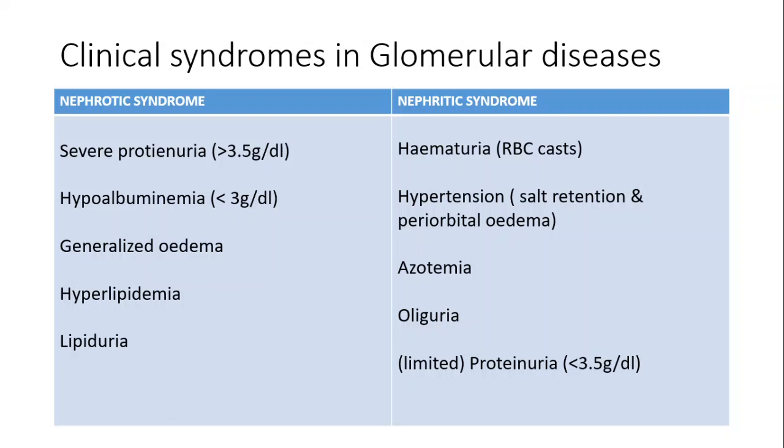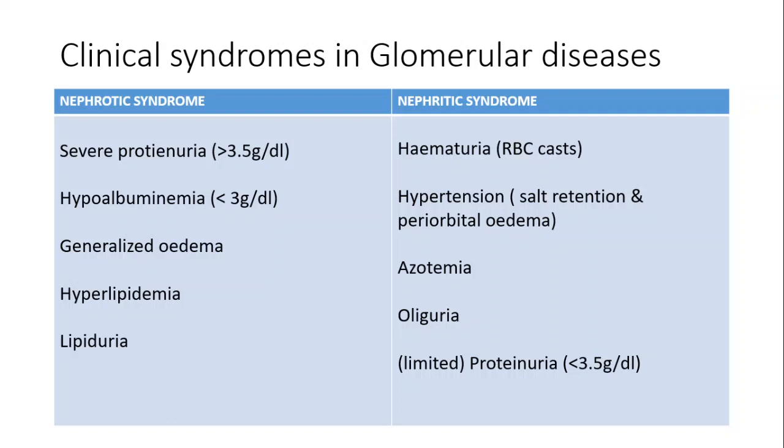These syndromes are very important and useful components of the various presentations of glomerulonephritis. They are nephrotic syndrome and nephritic syndrome. Dear friends, as far as your practical aspect, your viva, and your theoretical aspect are concerned, you must know each and every component of nephrotic syndrome and nephritic syndrome.